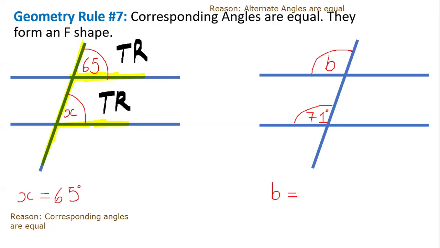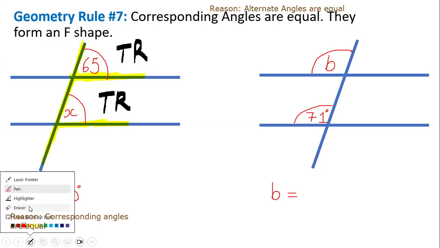What must B be equal to? 71. Why did you say 71 degrees? Because corresponding angles are equal. But how do you know it's corresponding? Top right and top right.